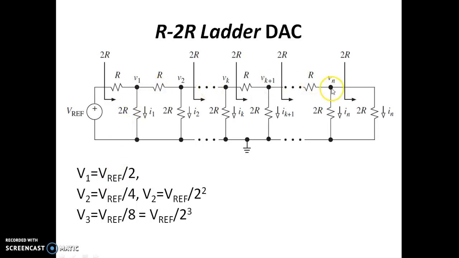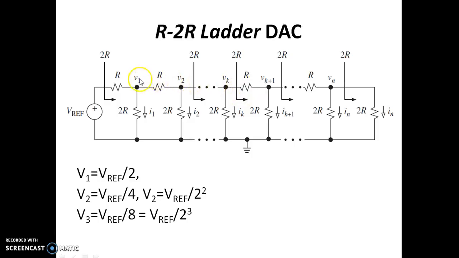We know that the resistance looking onto this node is 2R in parallel with R. It is R here. This R in parallel with R will look like 2R. So from here it is 2R, and you have one more 2R resistance coming in parallel with that 2R. If you see from here it's again R. So this R plus another R will become 2R.